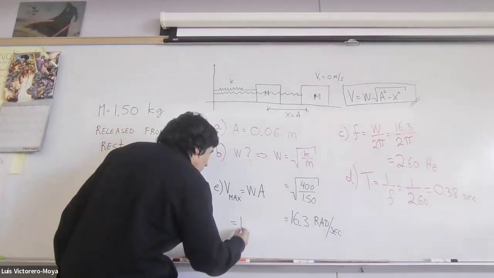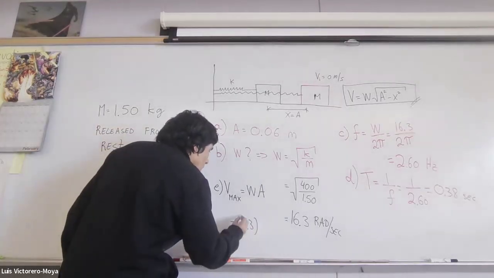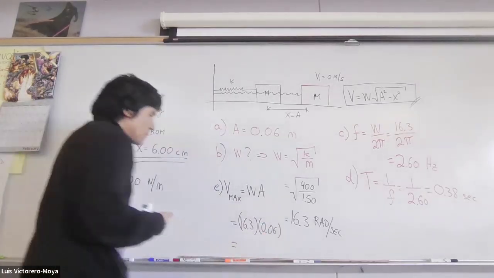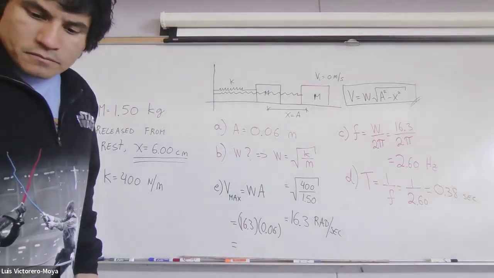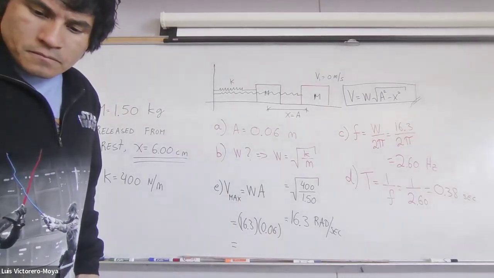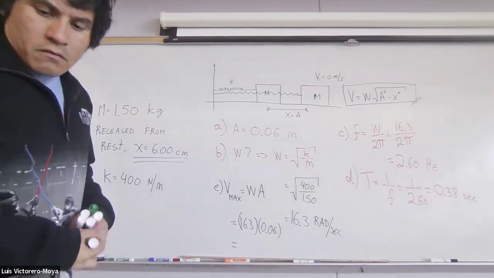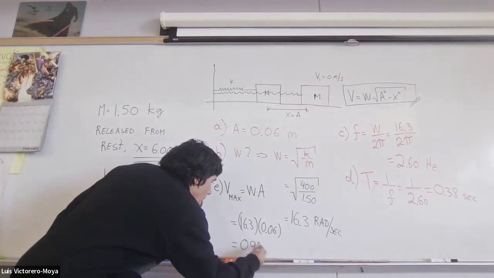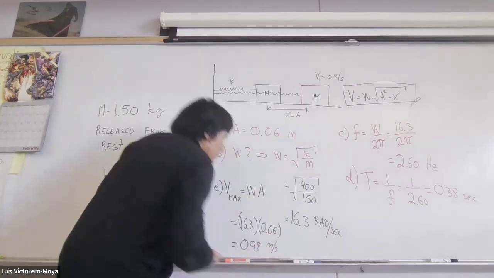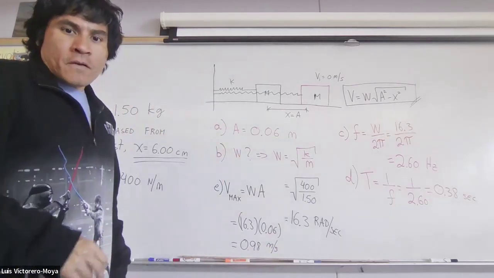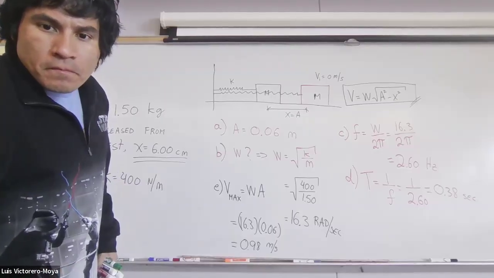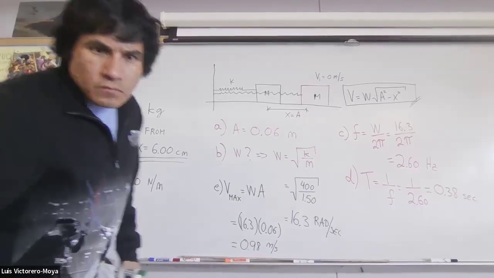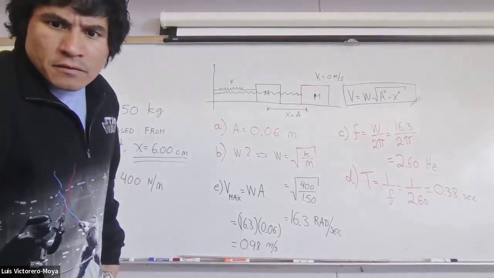So 16.3 times 0.06 is 0.98 meters per second. All right. Perfect. You guys can see all that.